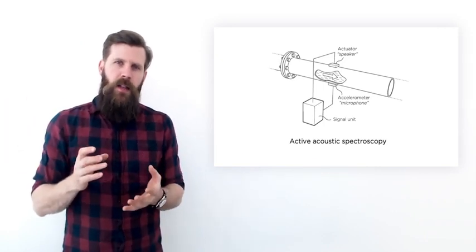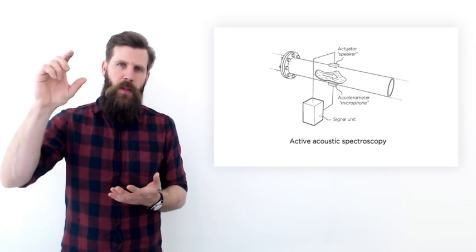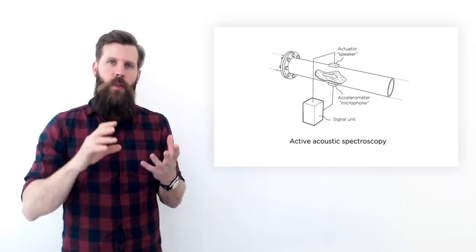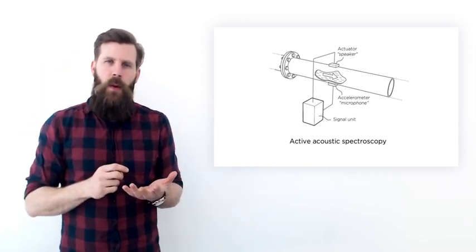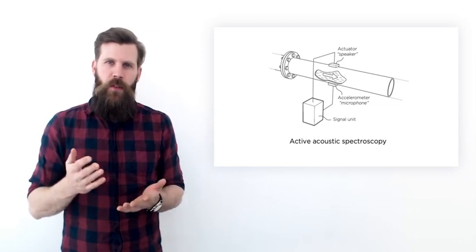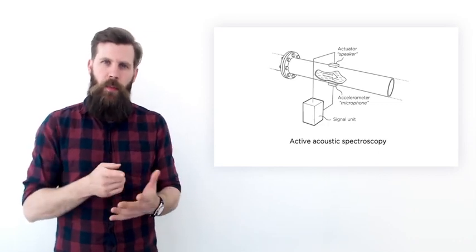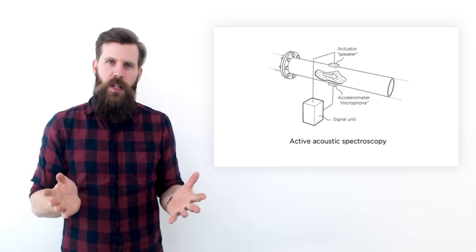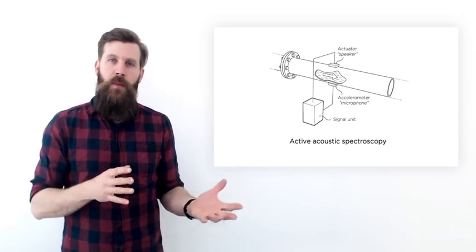And by analyzing the difference between what we let the speaker play and what the microphone picks up, we can add software to analyze those differences and then draw conclusions about the property or the process stage where the instrument is installed.